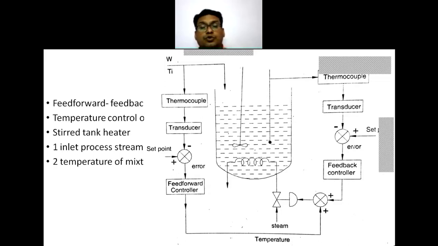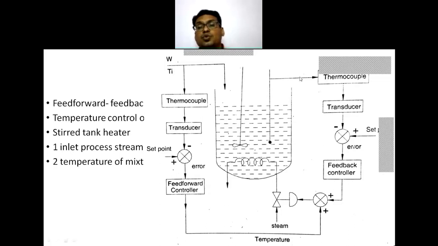Then it goes to a transducer, then to a comparator and the feed forward controller. That means here two things are there: one is the inlet process stream temperature, Ti, and the other is the temperature of the mixture, that is in the vessel.